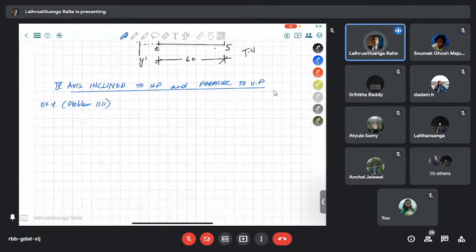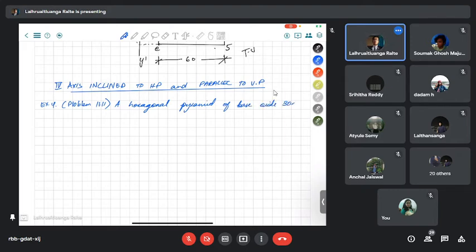Let's switch to hexagonal geometry. Everything is pentagonal. All right, we have a hexagonal pyramid of base side 30 mm and axis 60 mm, has an edge of its base on the ground.